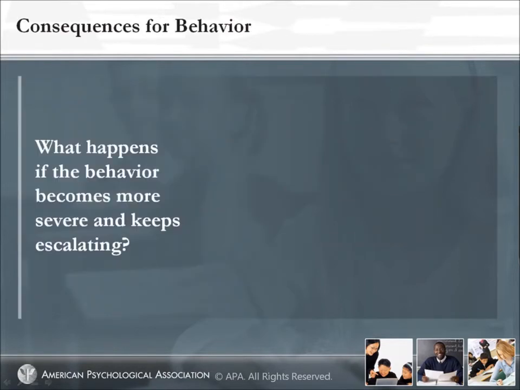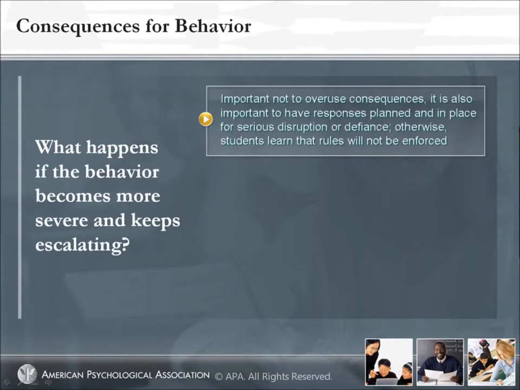Consequences for behavior. What happens if the behavior becomes more severe and keeps escalating? This situation may require consequences for the student's behavior that he or she has never had to deal with before. While it is important not to overuse consequences, it is also important to have responses planned and in place for serious disruption or defiance.